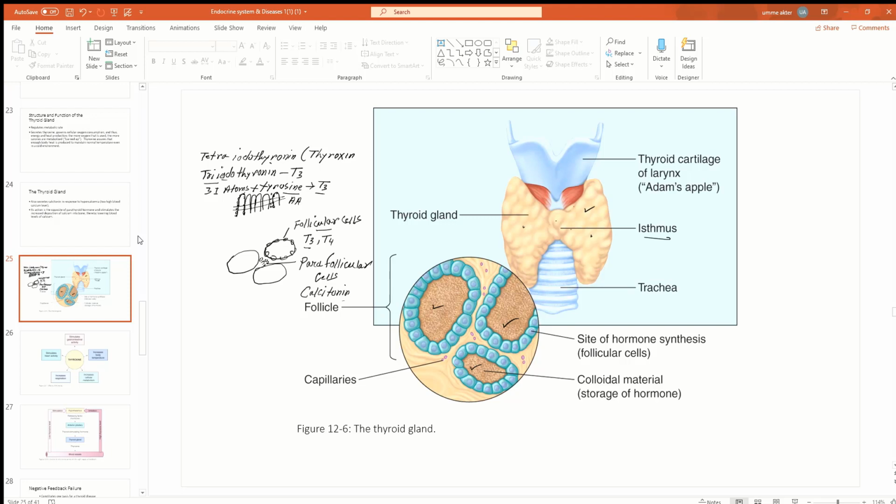So tetraiodothyronine or T4 or thyroxine, same thing, okay? And this one needs four iodine. That's why it's called tetra. Four iodine atoms and tyrosine, same amino acid, tyrosine, okay? Forms T4.